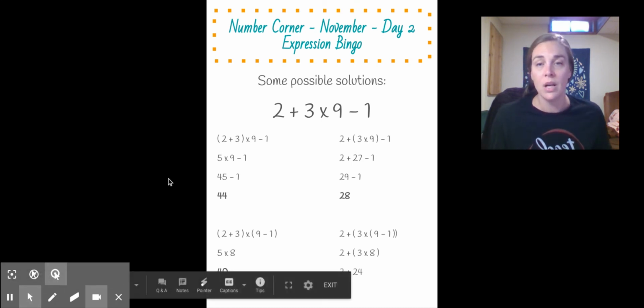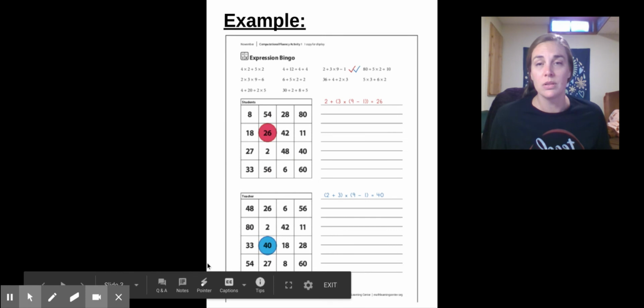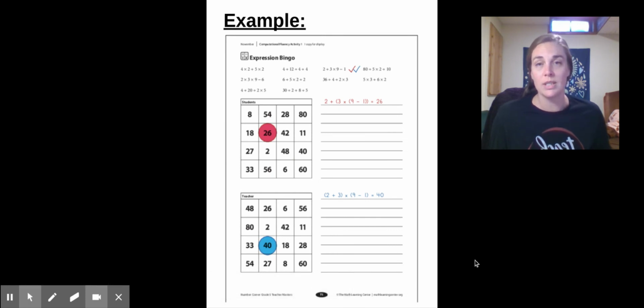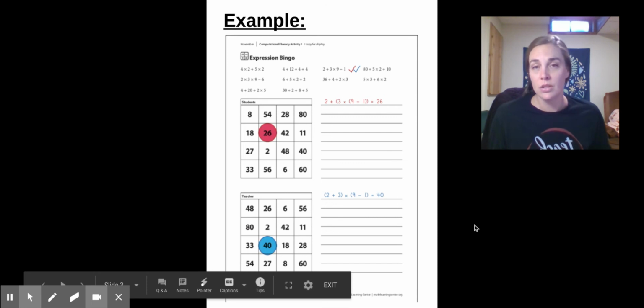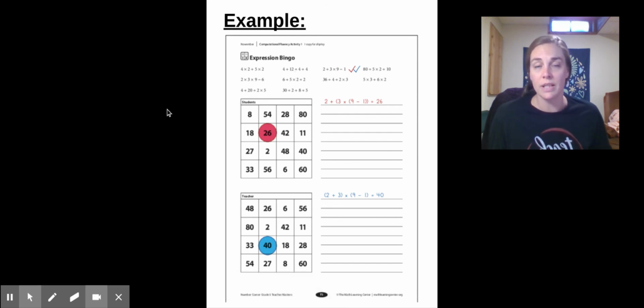So now, when I think about those solutions, I'm going to use what we just did for Expression Bingo. You're going to take turns choosing an equation or an expression, and then you're going to solve it. After you come up with the solution you want to use, you're going to find the marker on the board that you are going to cover.